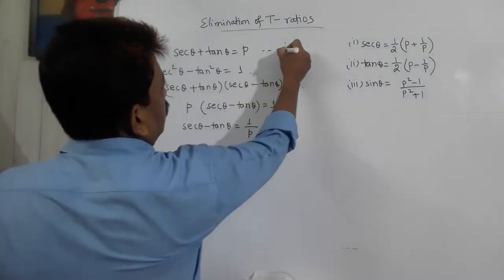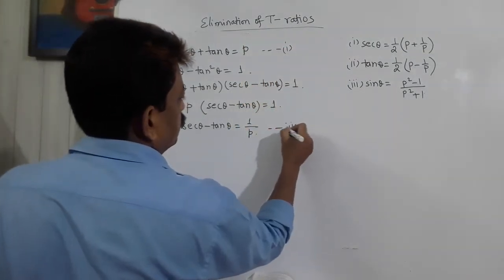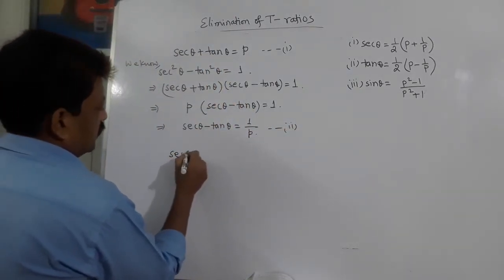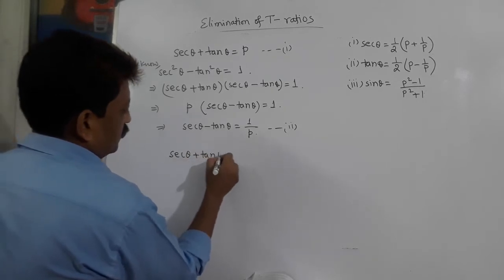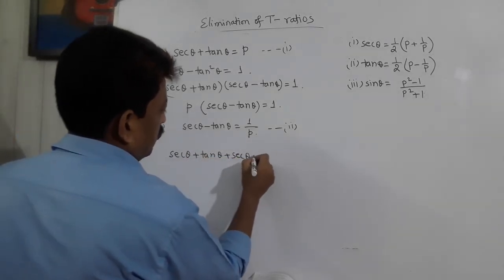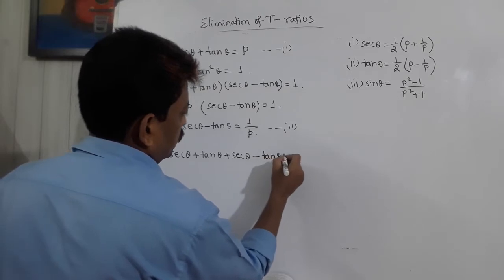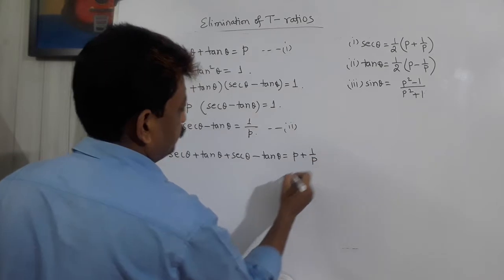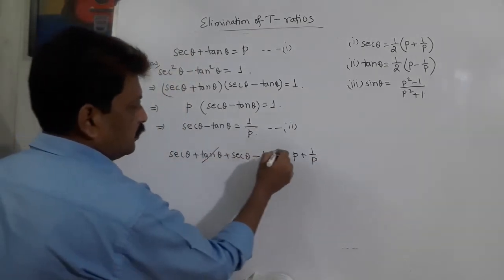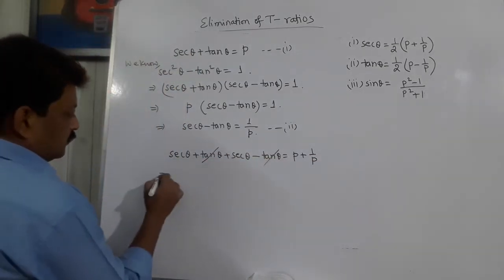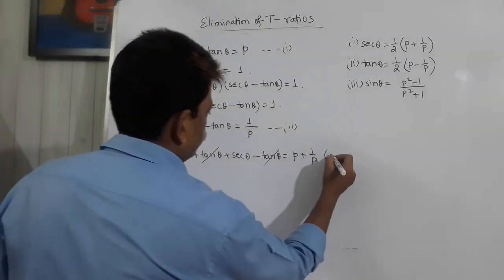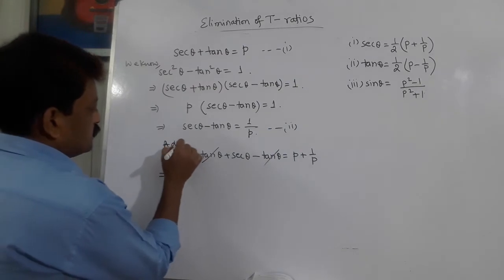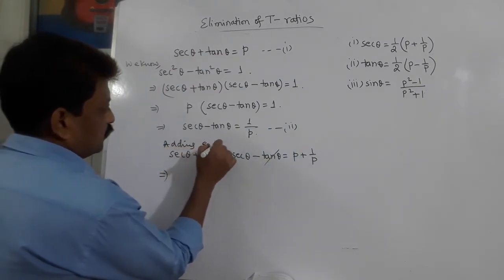Suppose this is equation number 1 and this is equation number 2. So if we add these two, then we will get sec theta plus tan theta plus sec theta minus tan theta equals P plus 1 upon P. So this tan theta will be cancelled. That means this one is found by adding equation 1 and 2.